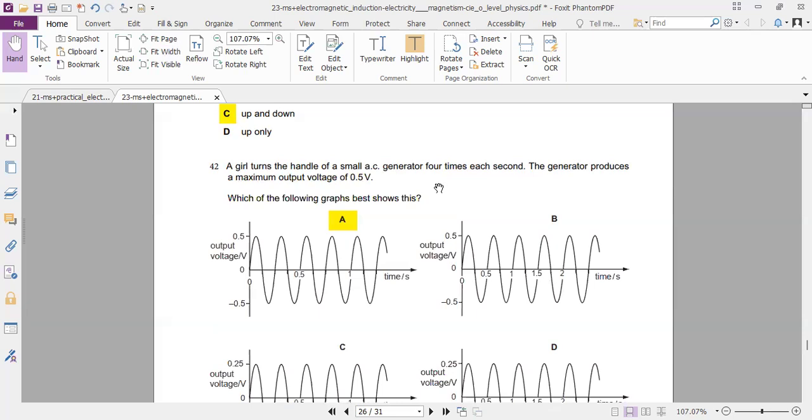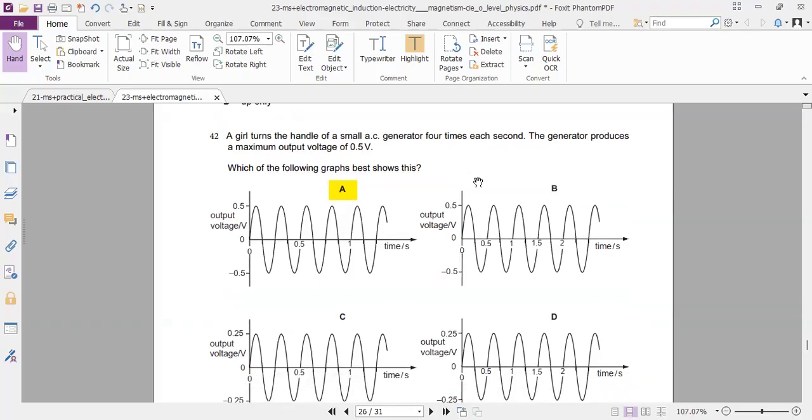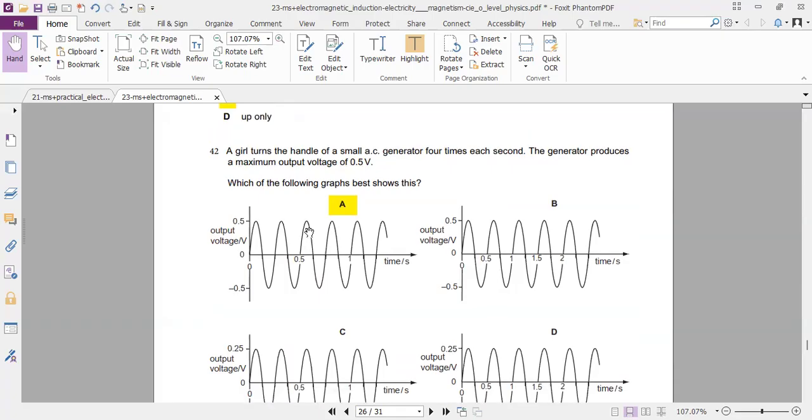So it does 4 times each second, and 4 times each second is the frequency, 4. That should give you the time, 1 over 4. So 1 over 4 means in 1 second, we can just have a look.